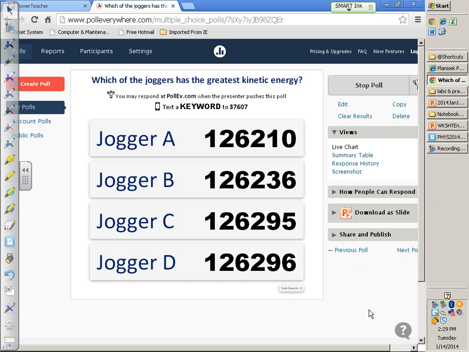So which of these joggers has the most kinetic energy? Jogger A, jogger B, jogger C, or jogger D? Based on, we talked about some of the factors that determine the kinetic energy of an object.